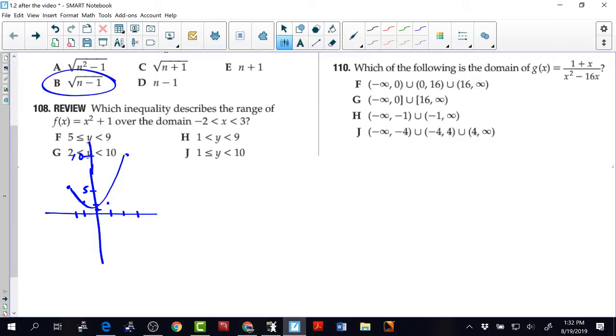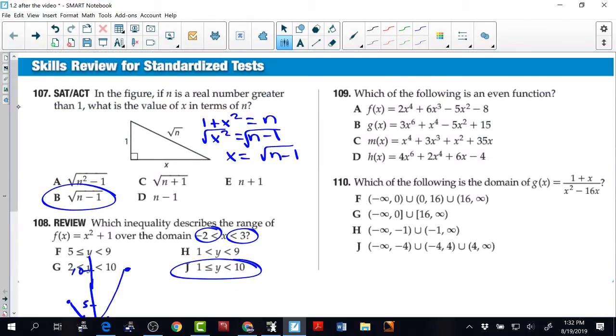I guess it's just going to 10. So this is our only choice. Oh yeah, we do include 1. We include 1, but we don't include 10 because they really didn't include the endpoints. There we go. I had to think about it a little bit.